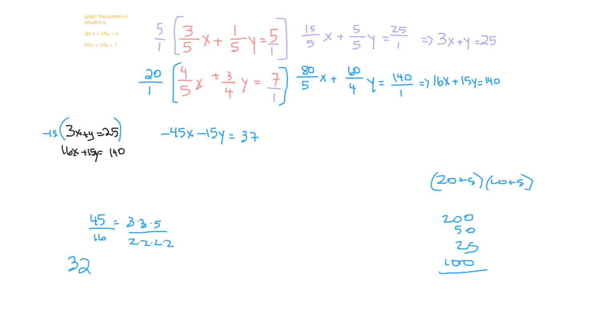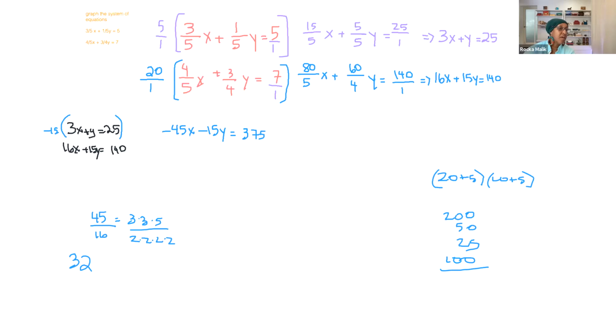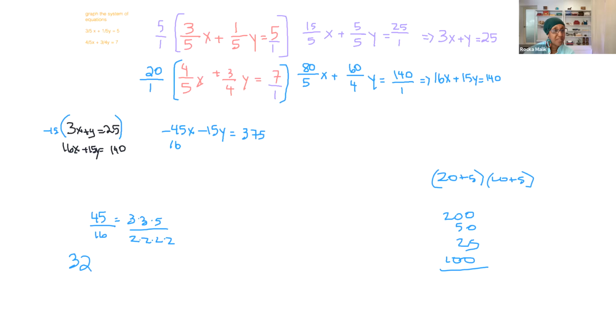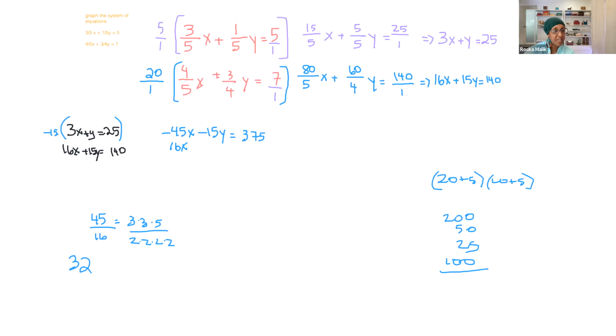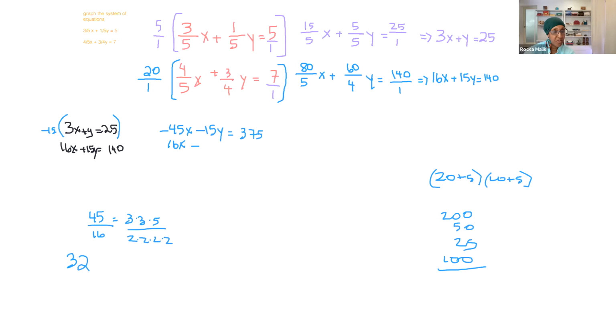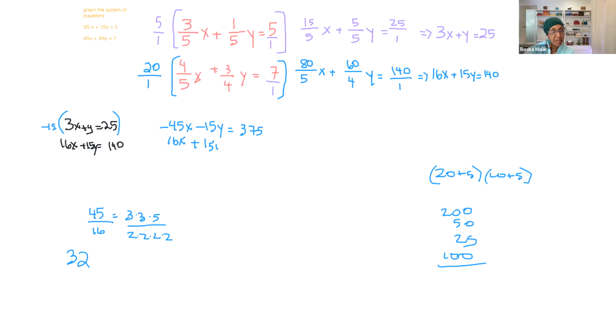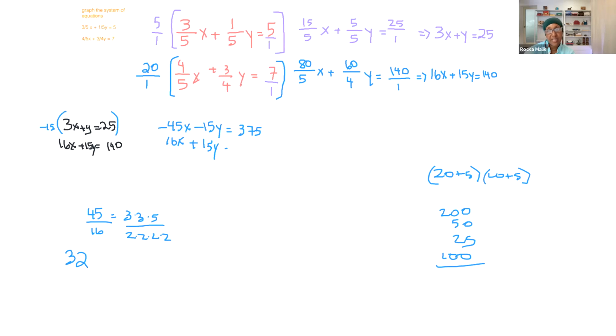Okay, and then this one stays the same. 16x plus 15y. Negative 375. Thank you for checking up on me. I need a calculator.